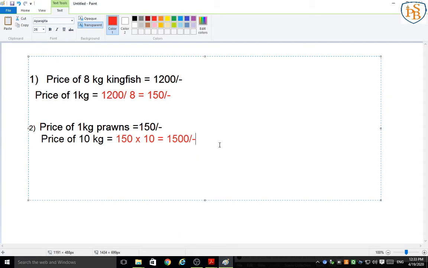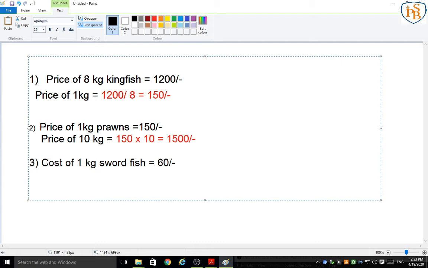So again let's start for question number 3. Can you solve, students? Question number 3: the cost of 1 kg fish is equal to how much? 60 rupees. Correct?